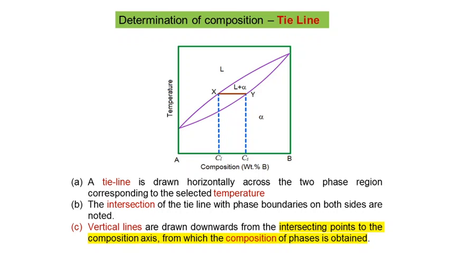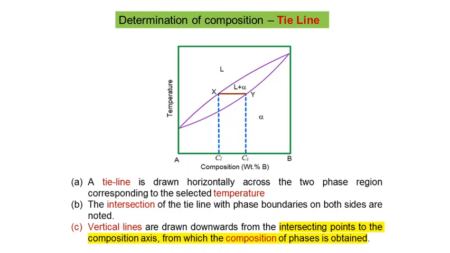It is drawn across the two-phase region, and the intersections of this line with the phase boundaries on both sides are noted. Then we drop a vertical from the two points, X as well as Y. From X we project to the X axis and get a particular composition in weight percentage of nickel. For example, if you are considering copper-nickel, it will be in weight percentage of nickel.